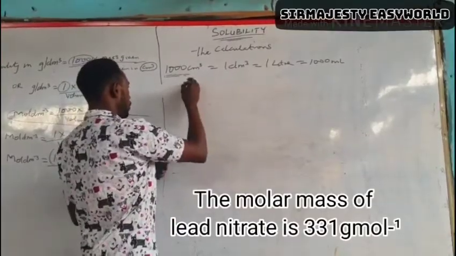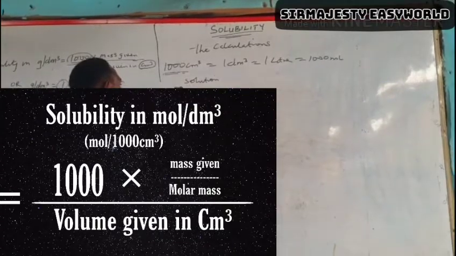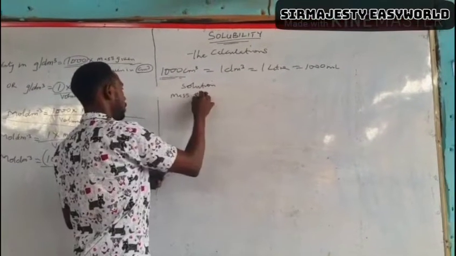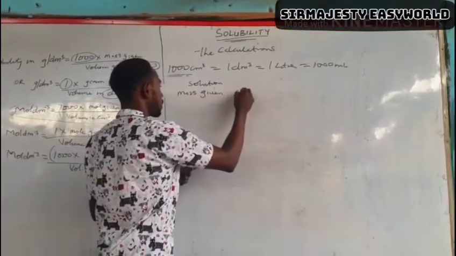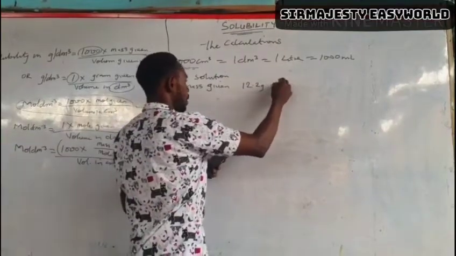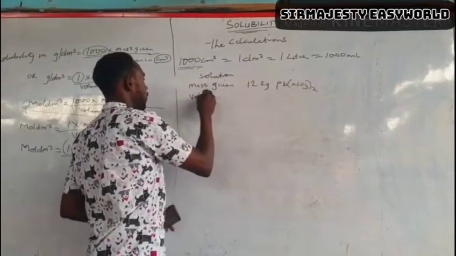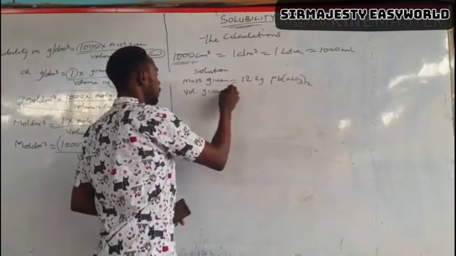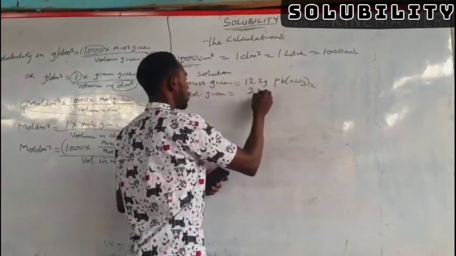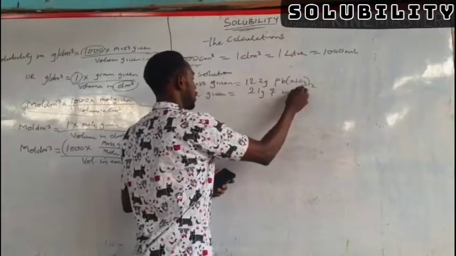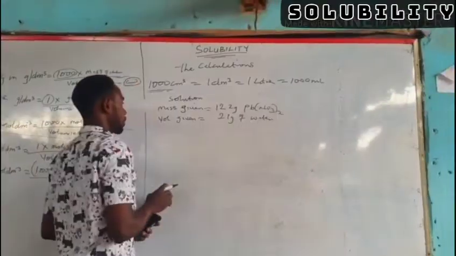Now the solution to the question you see there on the screen: first of all, you write out the mass given. The mass that was given is 12.2 grams of lead(II) trioxonitrate(V). Then the next is the volume given. The volume given from the question is 21 grams of distilled water. Remember that 21 grams of distilled water is the same thing as 21 cm³ of distilled water.